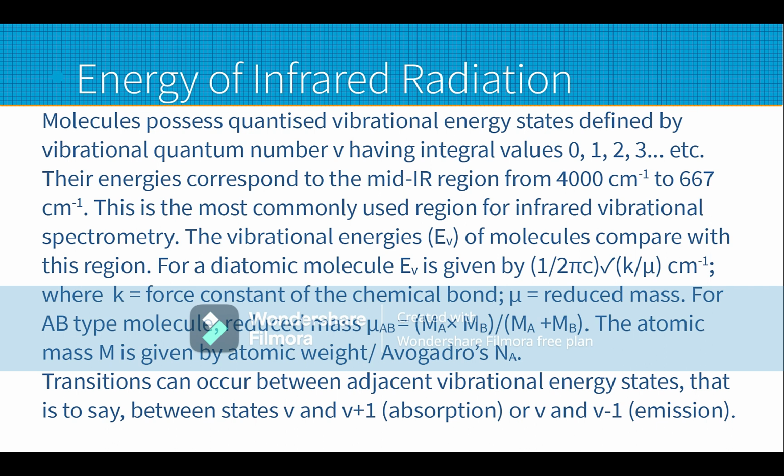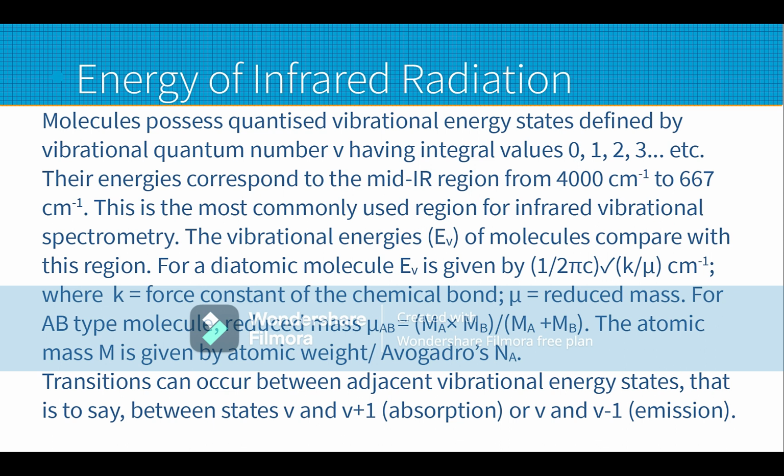Then a little bit about the energy of infrared radiation. Molecules possess quantized vibrational energy states. These energy states are defined by vibrational quantum number, symbol small v is commonly used, and the values of this quantum number range between 0, 1, 2, 3 up to infinity, whole numbers. Their energies correspond to the mid-IR region from 4000 reciprocal centimeter to 667 reciprocal centimeter.